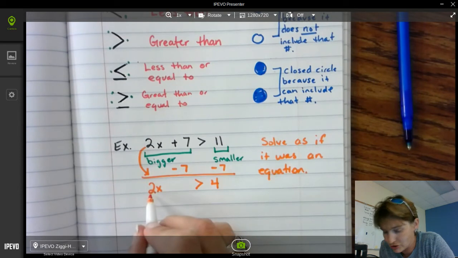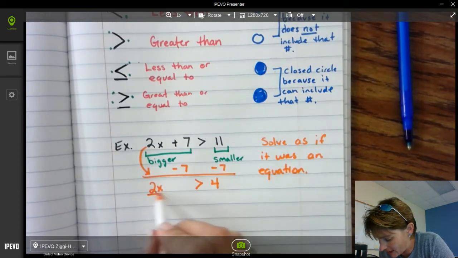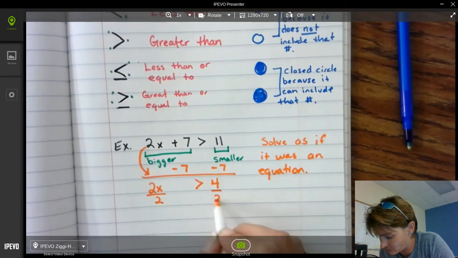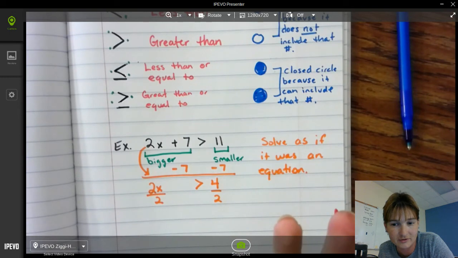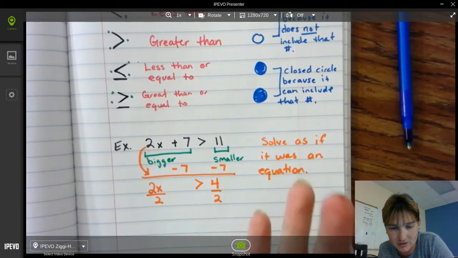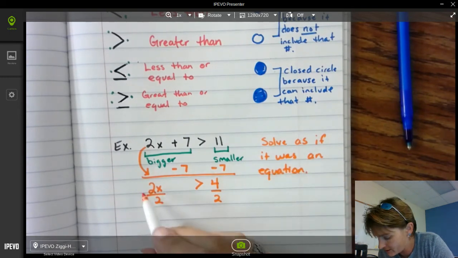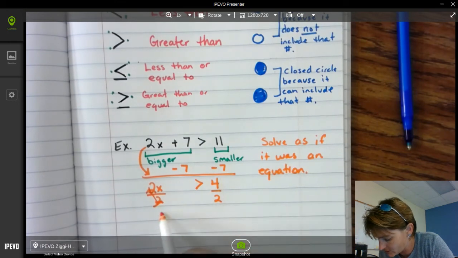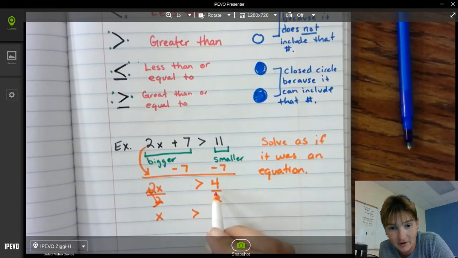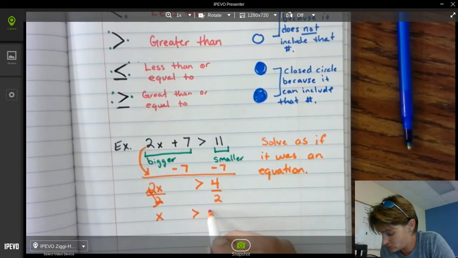Now I have 2 times x, so we divide by 2 on both sides. We're still doing the opposite. Nothing else has changed. We're still solving like normal. This becomes 1, which leaves x by itself is greater than 4 divided by 2 is 2.